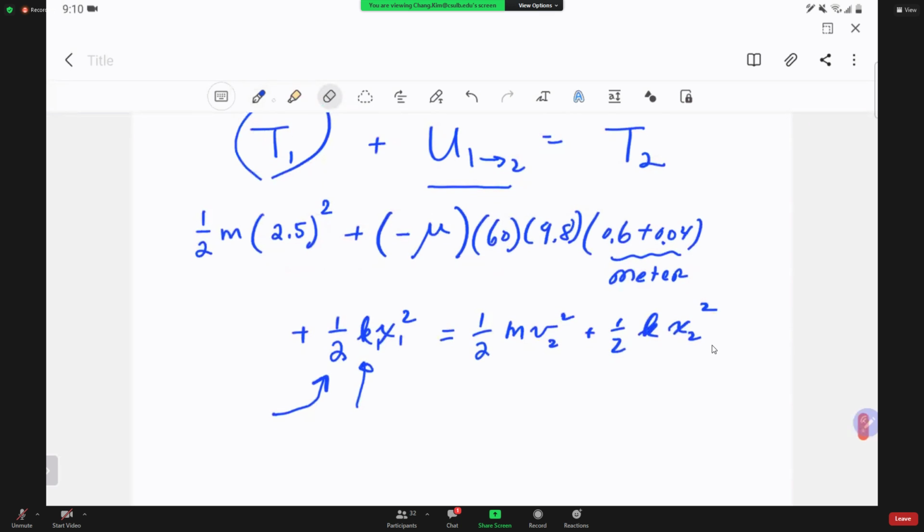The spring constant was given as 20,000, that's 20 kilonewtons.